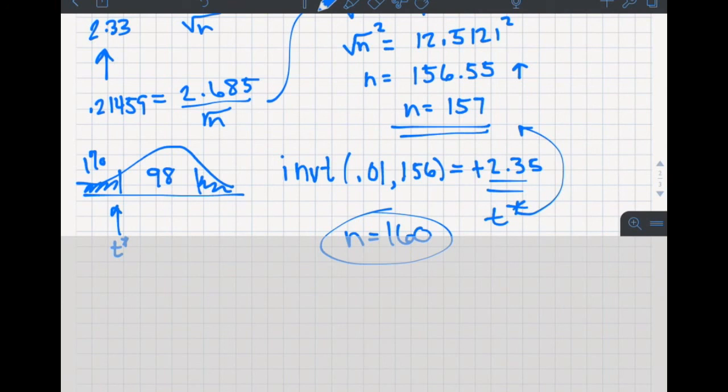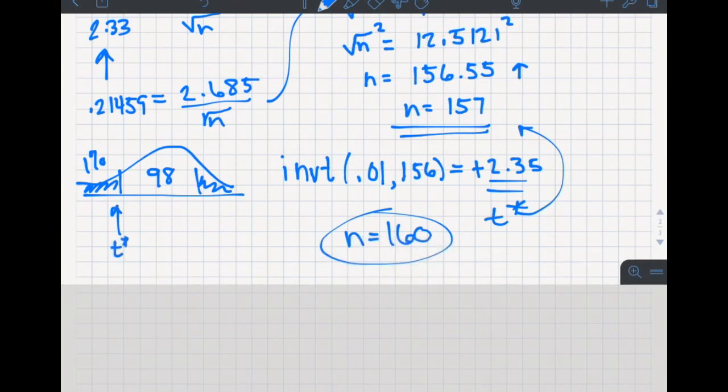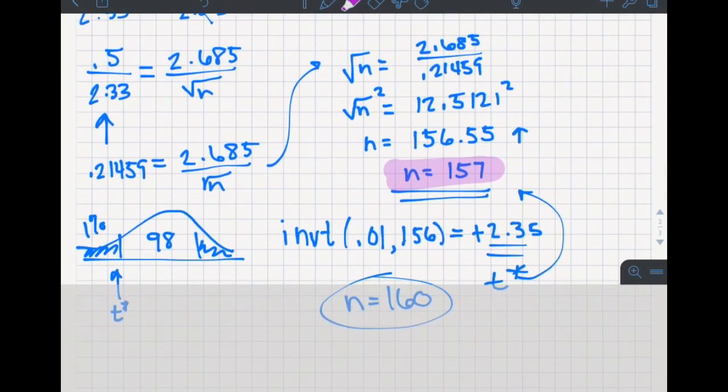You'd get 159.25, but whenever we look for sample size, the rule is you always round up. But just to be quite honest or clear, 157 is a perfectly acceptable answer, and that's what I would expect most people to have. But 160, if I used the actual t star, would also be a correct answer. Okay, it's a little more accurate, but not necessary to get that.